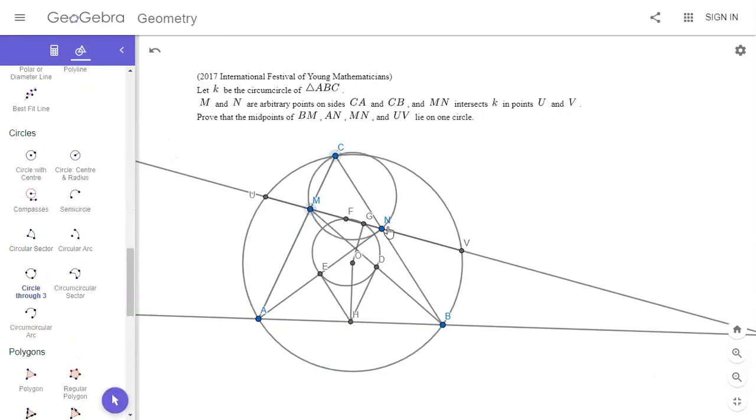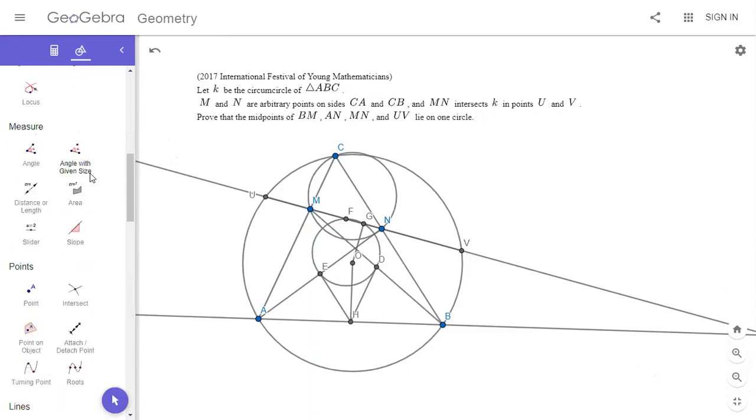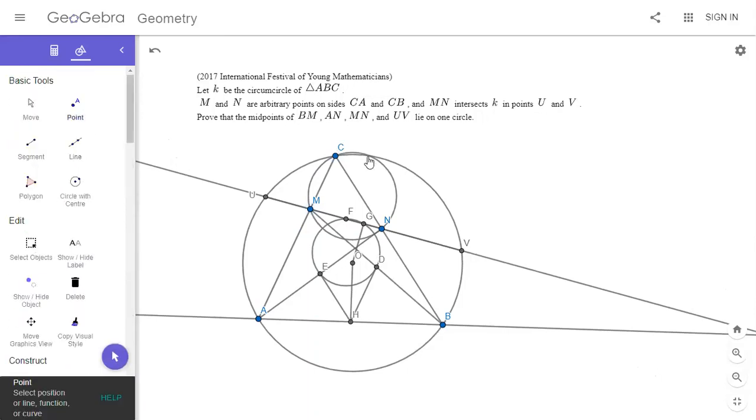So if I draw this, then MIN is similar to IAB, and F is the midpoint of MN, and H. But they're directly similar.